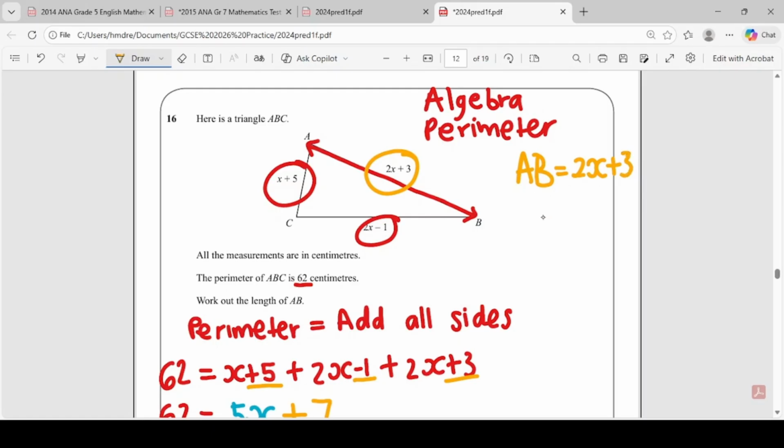So we know that x is 11. So AB is going to be 2 times 11 add 3. 2 times 11 is 22, add 3 is 25. And we are told it's centimeters. So make sure you include that centimeters so you can get your mark. So the length of AB is 25 centimeters.